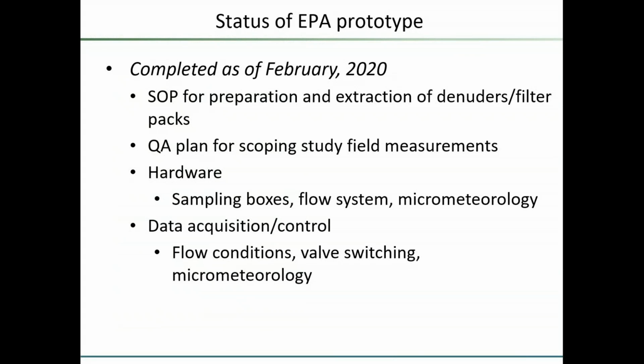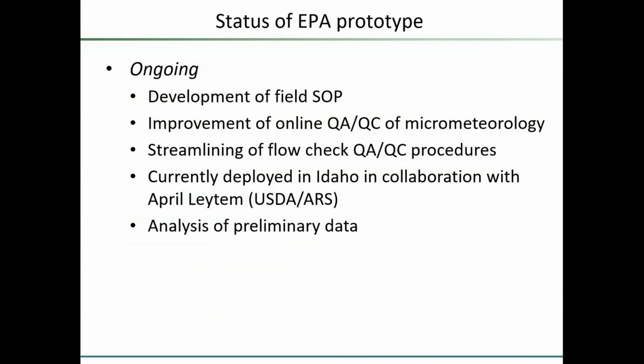Those basic aspects of the system are completed. There are some aspects that are ongoing, including the development of the field SOPs for our prototype system. We're improving the QA/QC of the online micrometeorological measurements. So we're tweaking the code to improve some of these aspects, including streamlining of the flow check procedures.